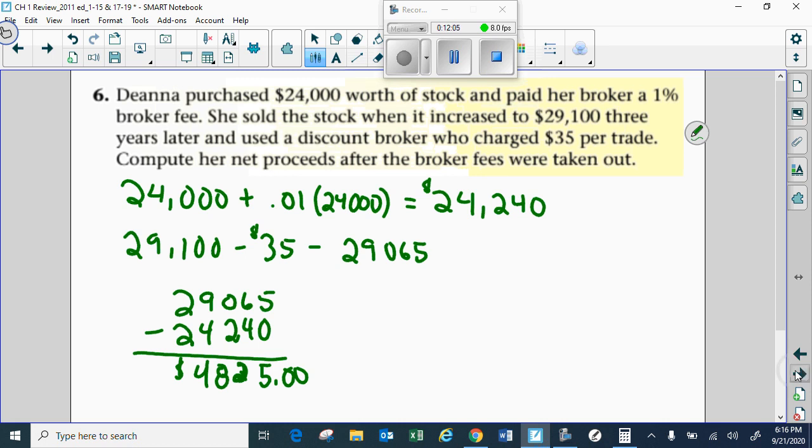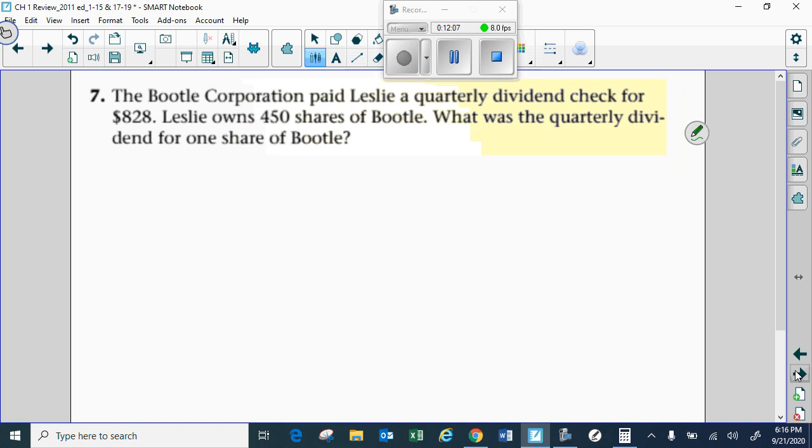All right, number 7. The Boodle Corporation paid Leslie a quarterly dividend check for $828. Quarterly, it's 4 times a year. Leslie owns 450 shares of Boodle. What was the quarterly dividend for 1 share of Boodle? Oh, okay.